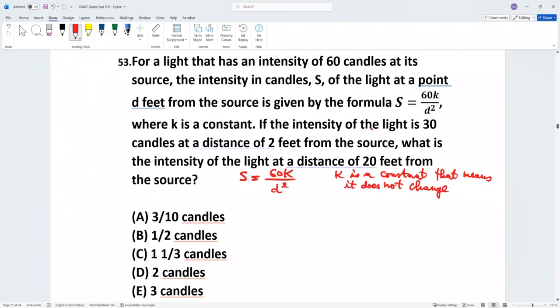So if the intensity of the light is 30 candles at a distance of 2 feet, so we have S being equal to the intensity of the light, and then D being equal to the distance from the source.